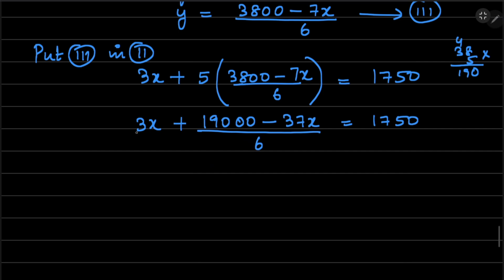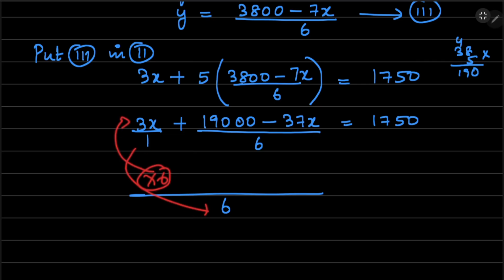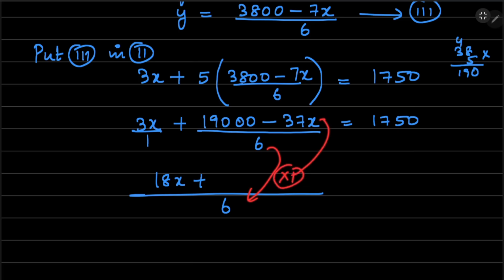Let's take the LCM. Here it is by 1. So the LCM will be 6. So 1 into what will give you 6? 1 multiplied by 6. So multiply 3x with 6. So it is 18x plus 6 multiplied by 1 is 6. This 1 you can multiply the numerator. So 1 multiplied by any number is the same.